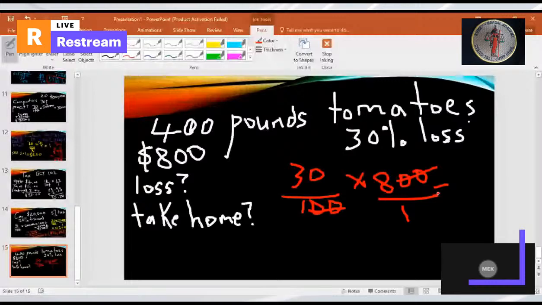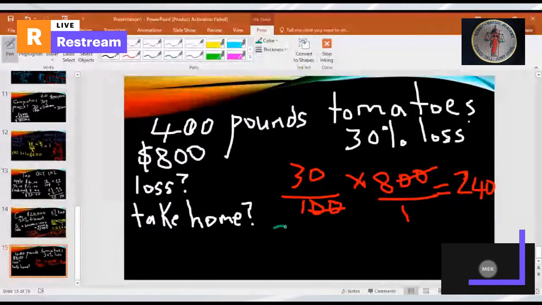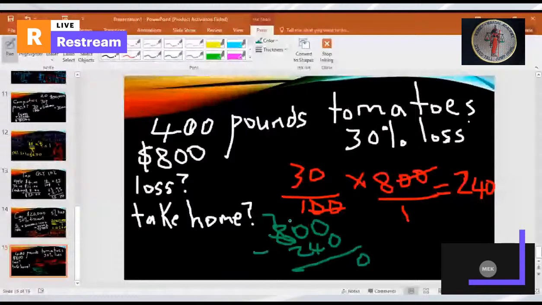So she actually took home, so of her 800 that she spent, we take away the 240 from the 800. So she really just made back $560.